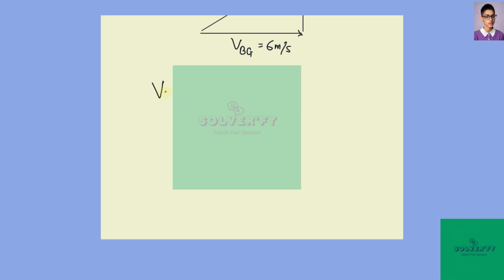So VHG will be the square root of VBG squared plus VHB squared. Let us plug in the values.